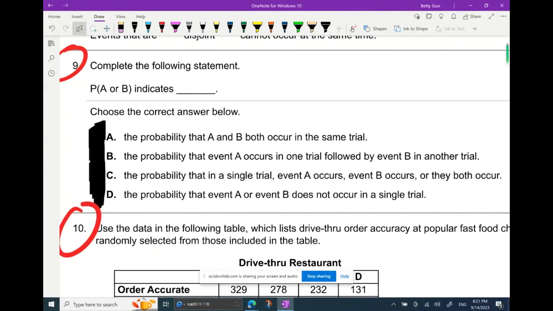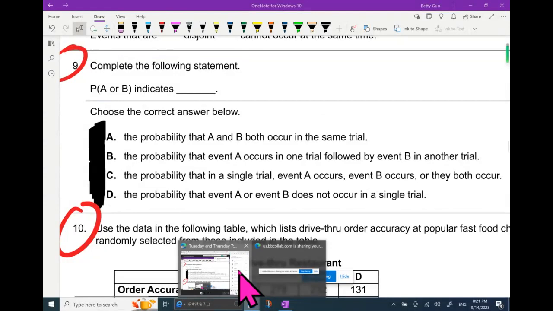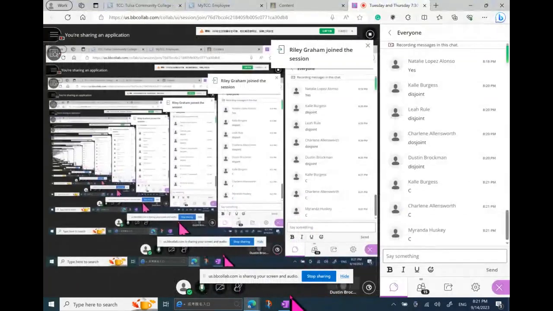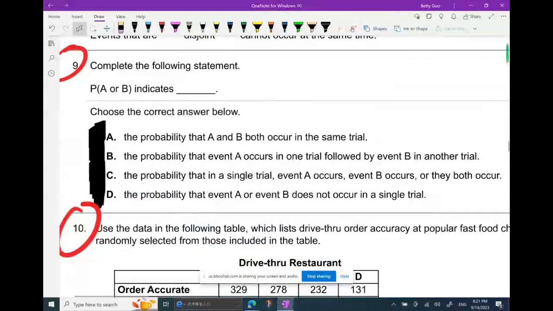That sounds right. D, the probability that event A or event B does not occur in a single trial. What do you think? C, awesome, perfect. It is C. P of A or B means the probability of either only A occurs or only B occurs or they both occur. Number 10.